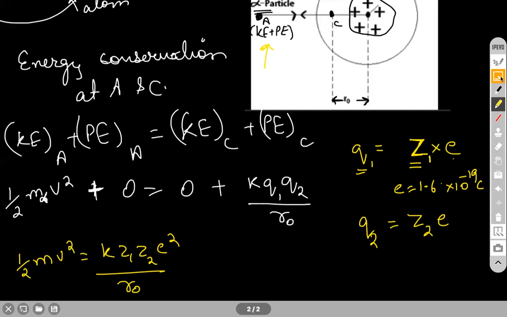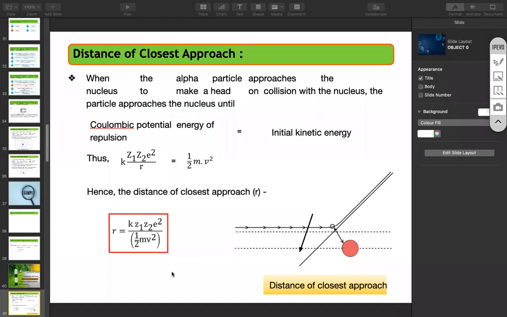Did you understand this expression? The radius is very high at the start, so potential energy is almost zero. Got it?